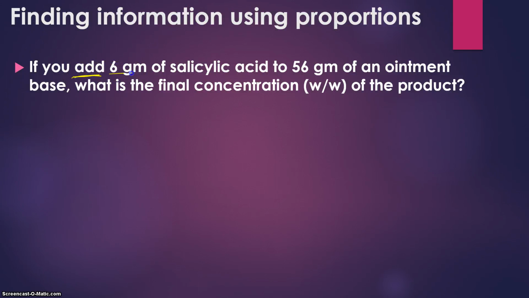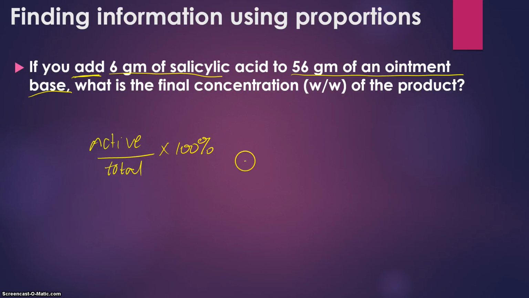So we're adding 6 grams of salicylic acid to 56 grams of an ointment base. So to solve this problem, we're going to do the active over total times 100%. And that'll give you the final concentration.